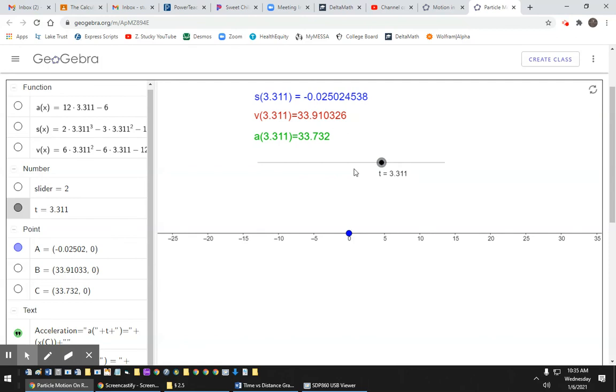You have had a displacement of 0, because at 0 you were at 0, and at 3.3 you're also at 0. You see what I mean by displacement? Displacement is how much you have actually traveled.